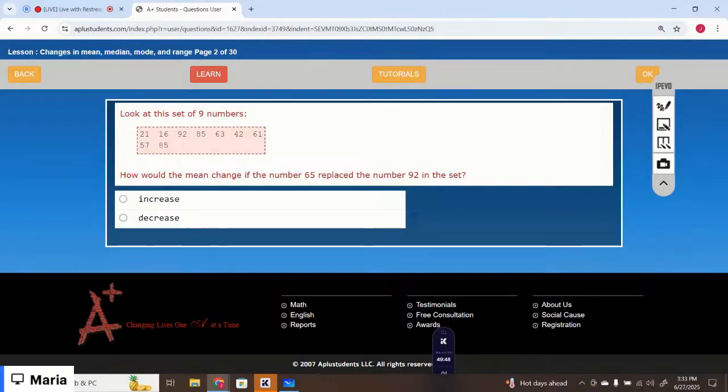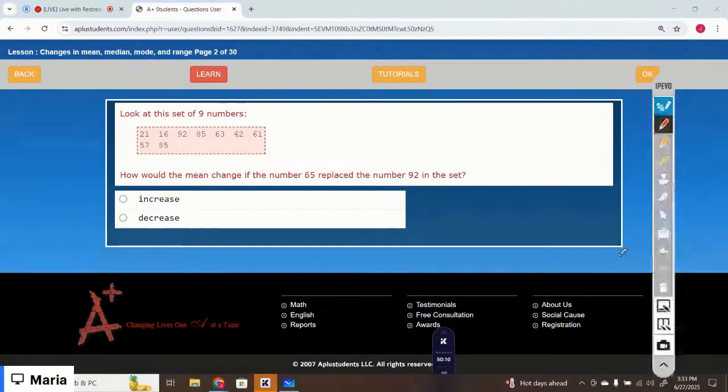Look at the set of 9 numbers. How would the mean change if the number 65 replaced the number 92 in the set? Let's just calculate the mean as it is, with the denominators.